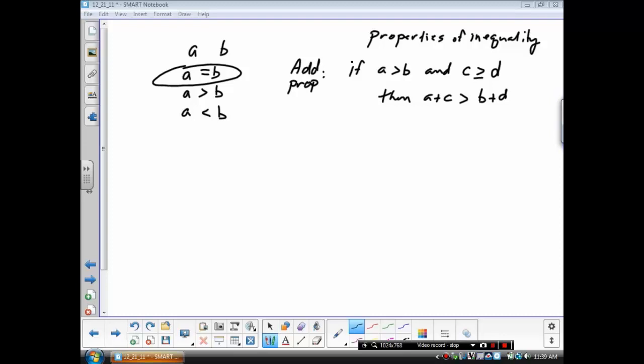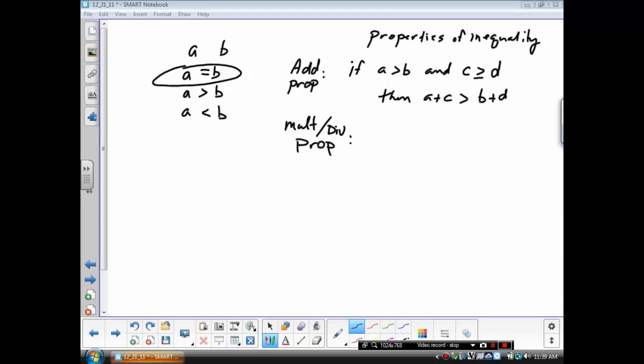Our next property is a multiplication or division property of inequality, and this property has to be split into two pieces. The two pieces really have to do with whether you're multiplying by a positive number or by a negative number.